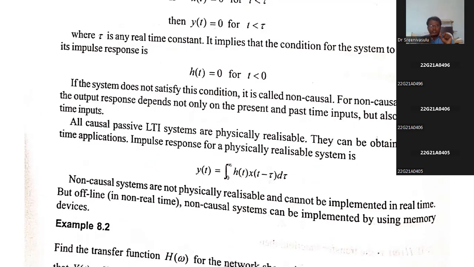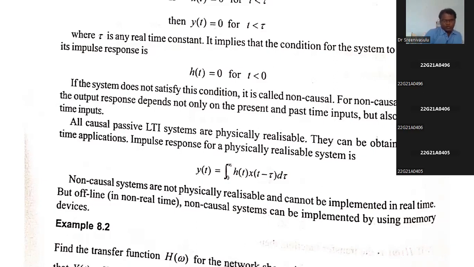for that, the input is delta of t, meaning x of t is an impulse. An impulse means we apply the input at time t equal to 0. So that is our present input. What is our statement? The present output always depends upon the present input or the past history of the inputs.